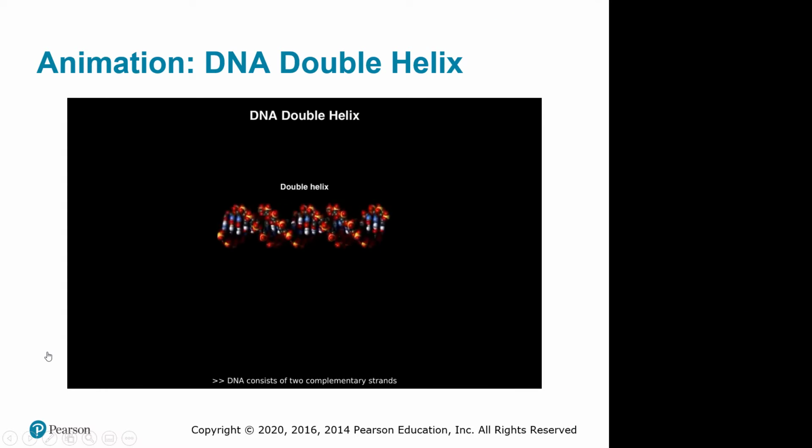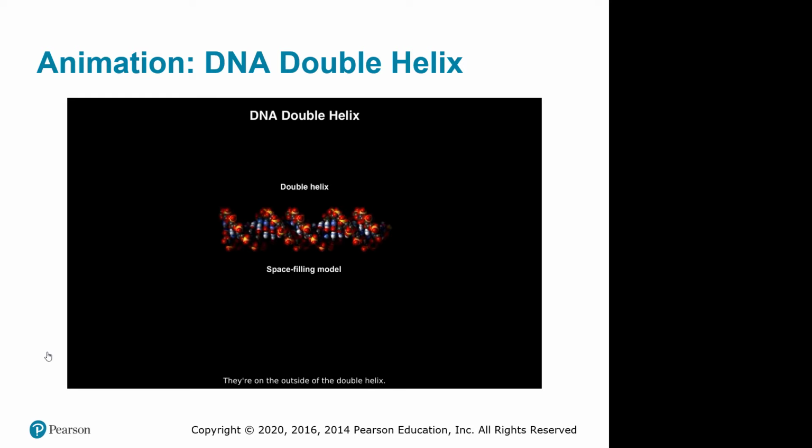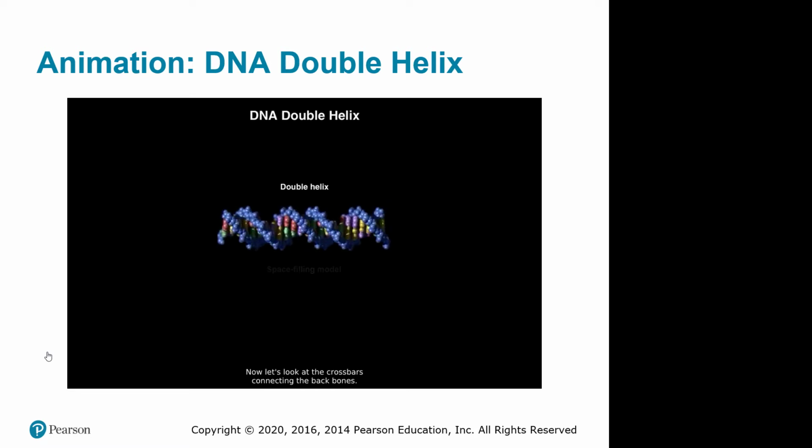DNA consists of two complementary strands of nucleotides twisted together to form a double helix. In this space-filling model, each atom is represented by a small sphere. The yellow and red phosphate groups make the two sugar phosphate backbones easy to spot. They're on the outside of the double helix. We will highlight the backbones in blue. Now let's look at the crossbars connecting the backbones.